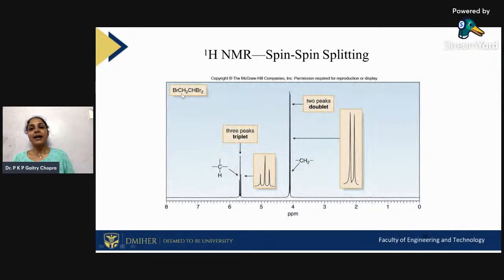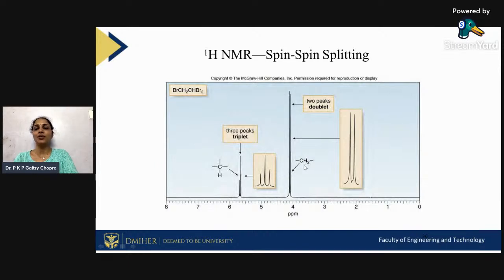Now, the simplest way to understand when you will get a splitting pattern is by seeing three bonds. If you have a neighboring hydrogen atom which is not farther away than three bonds, then that particular nucleus will have an interaction with the nucleus under test. For example, if we see the signal of CH, how many nuclei do we have adjacent to it?